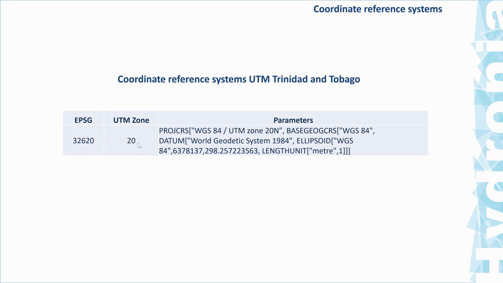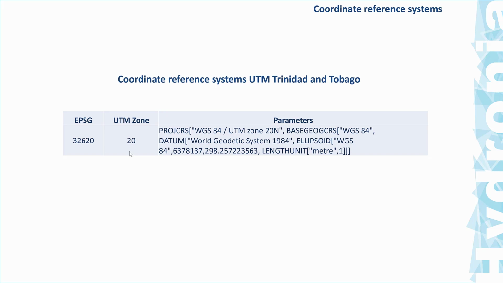The QGIS system can handle all of the projections that are available for the surface of the Earth, including UTM, all of the 60 UTM zones, and in particular the UTM zone 20 that corresponds to EPSG 32620. Now, don't worry about too many terms over here because we are going to be using them in the exercises that we're going to be doing.